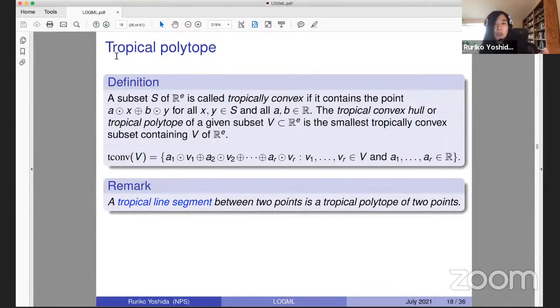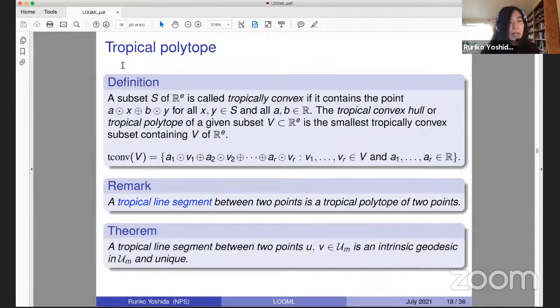Also, we define the tropical geodesic as a tropical line segment. That's basically the tropical polytope generated by just two points, two vectors. If we look at the space of phylogenetic trees, then this tropical line segment is intrinsic.